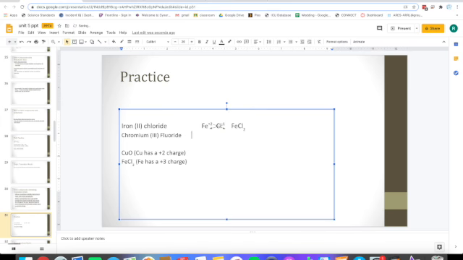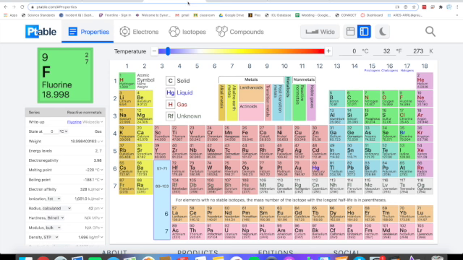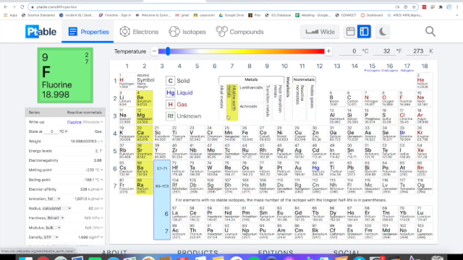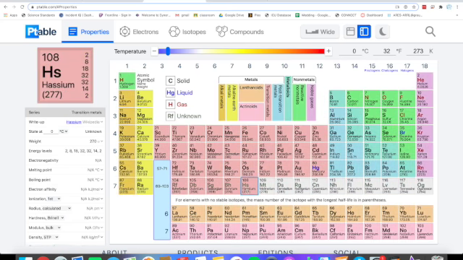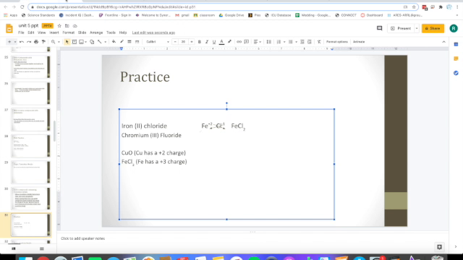All right, so let's do the other example. Chromium 3 fluoride. Well, this has a Roman numeral of 3, so we know chromium's charge is going to be 3. So let's look at the periodic table. Where is chromium? Right there, Cr. So Cr has a +3 charge because it has the 3 in Roman numerals.